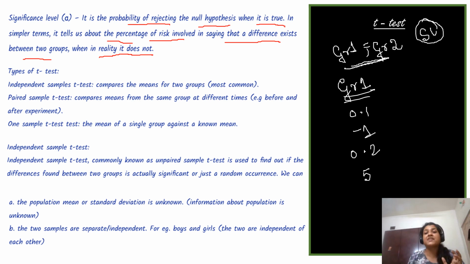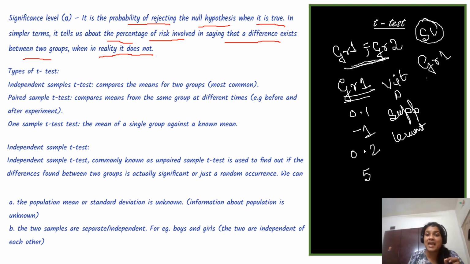Now we are giving them a vitamin D supplement. Now what happens to this same group 1? We can think that it has increased. More than 1 is good as a bone density unit.